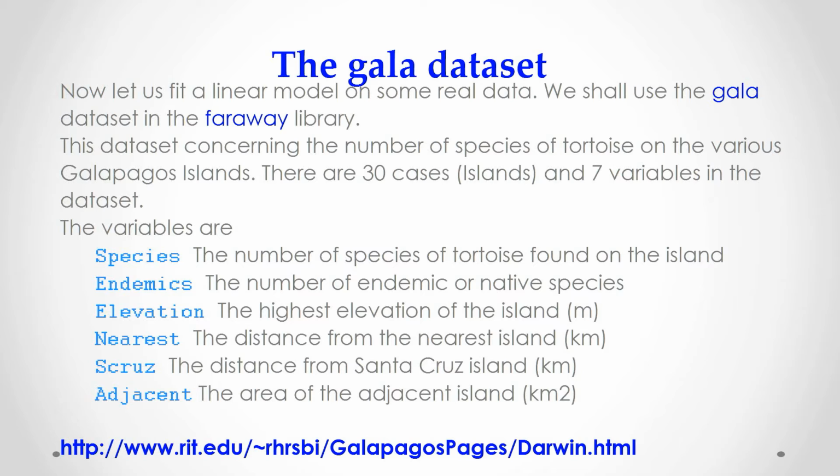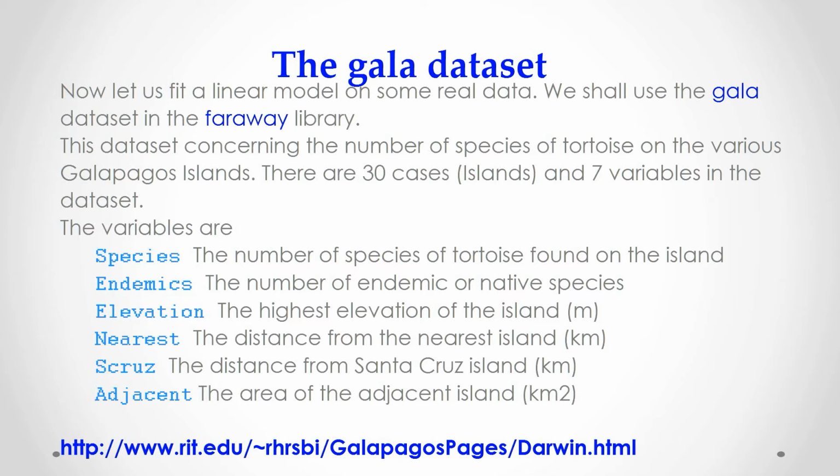elevation, the highest elevation of the island in meters; nearest, the distance from the nearest island in kilometers; a variable called S cruise, which is the distance of the island from the Santa Cruz Island in kilometers; and adjacent, which is the area of the adjacent island in squared kilometers.